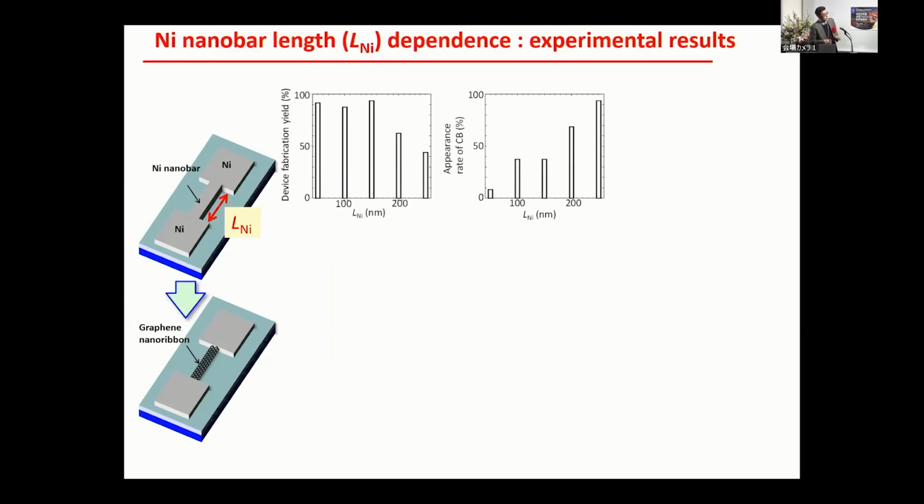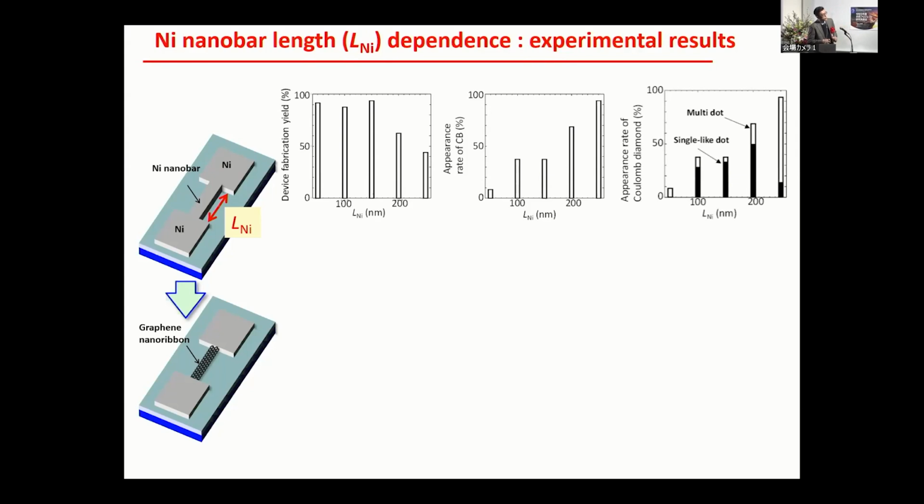But interestingly, the appearance rate of the Coulomb blockade, which is a sign of a quantum phenomenon, and I'm going to explain it in detail later, increases with the initial length of the nickel.